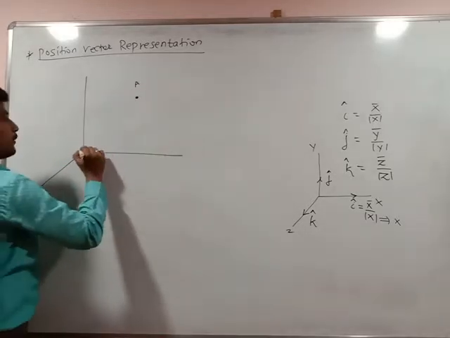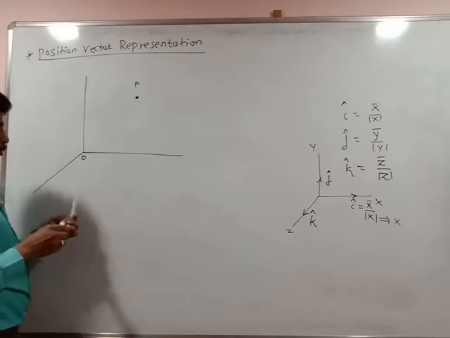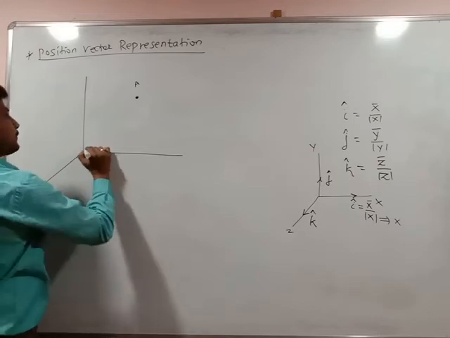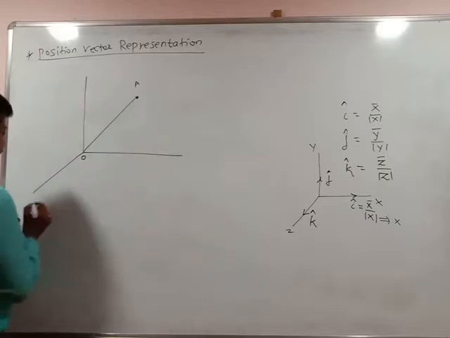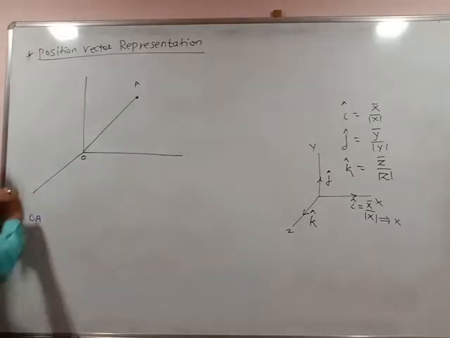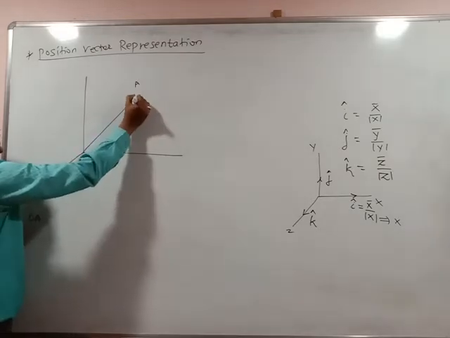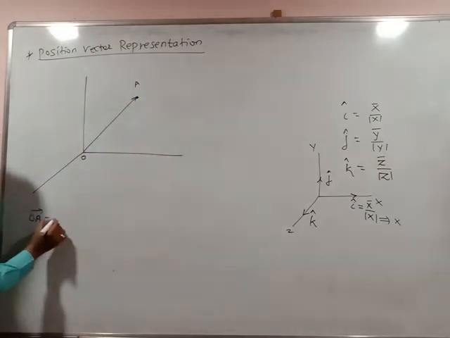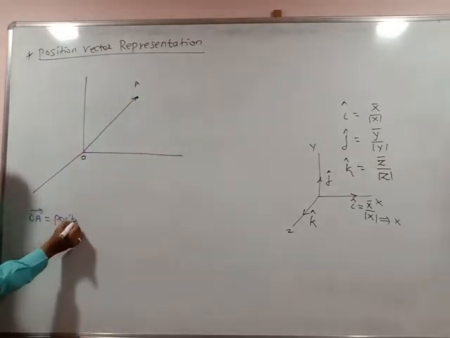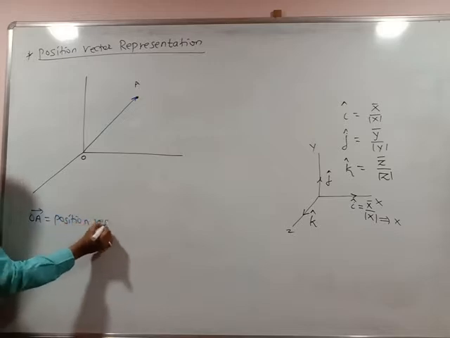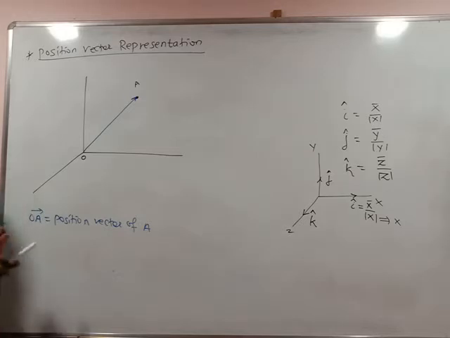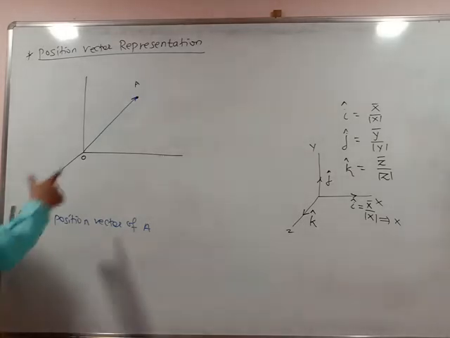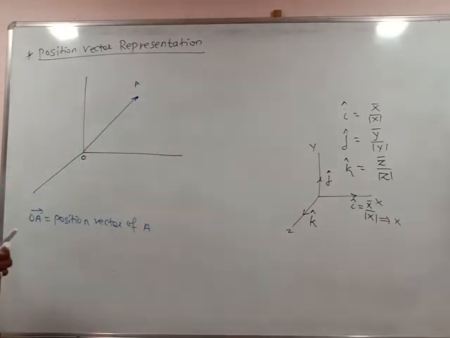Directly I can go from O to A. So this OA indicates the position vector of A, the object's position vector OA bar.